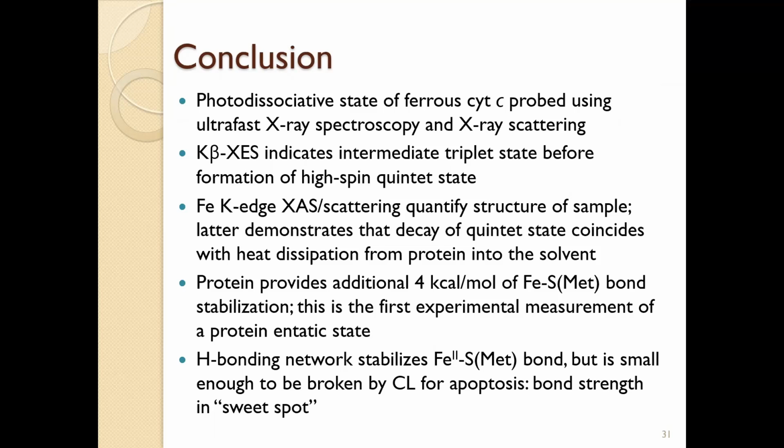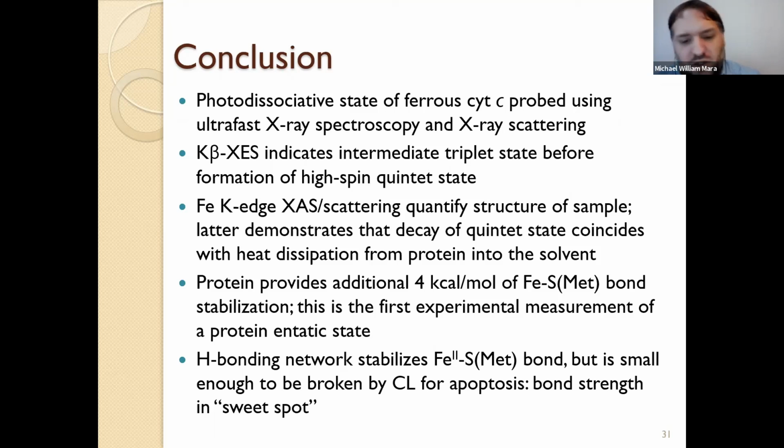Okay, because that I don't have as good of a feel for. Like I said, we pull out about a 4 kcal per mole stabilization from the protein, and that can mostly be accounted for, I think, based on the hydrogen bonding strength, which I've seen from OH groups to different neutral sulfur type groups is in the 3 to 4 kcal per mole range.